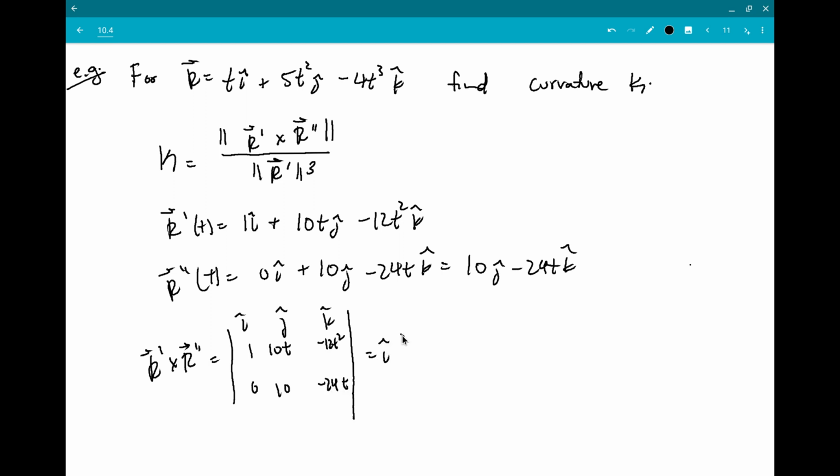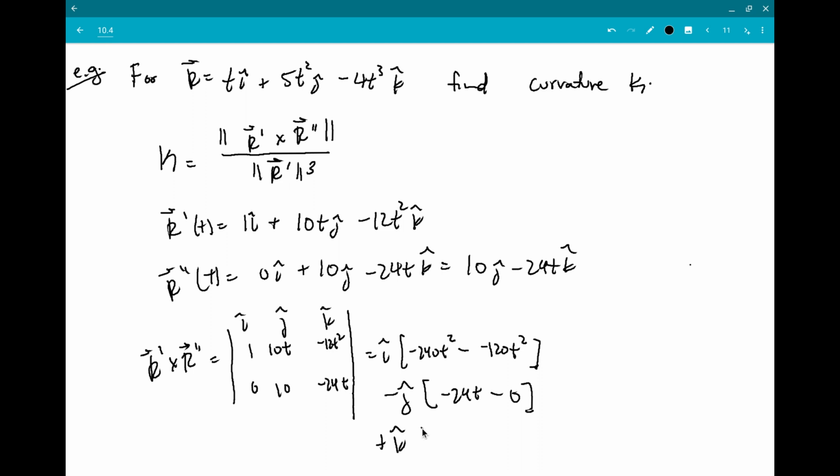That's going to give me i hat times 10t times minus 24t, so that's minus 240t squared, minus 12t squared times 10, so minus negative 120t squared. Minus j hat of 1 times minus 24t, so minus 24t, minus something times 0, so minus 0.